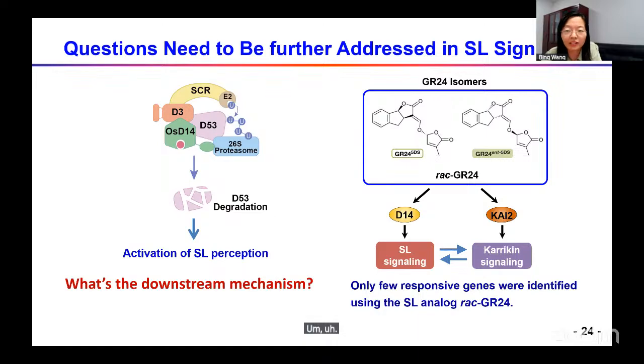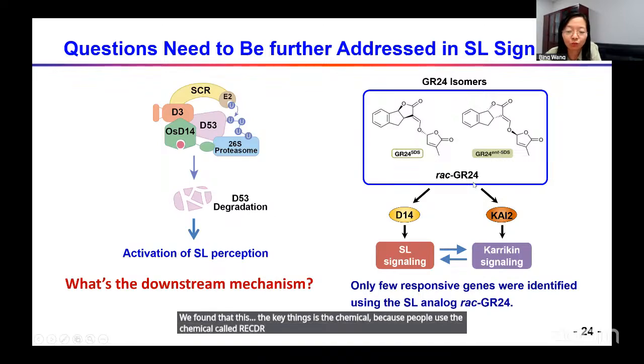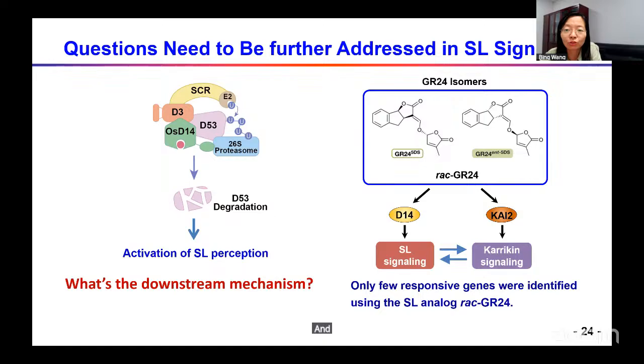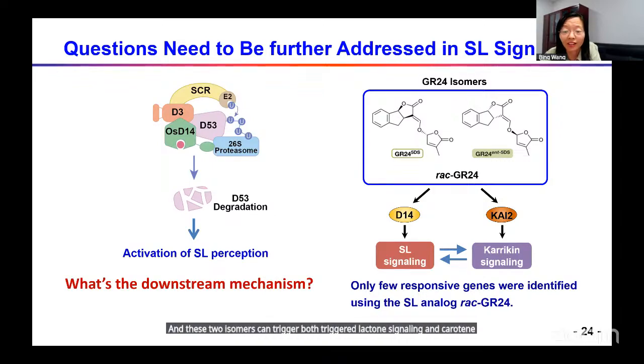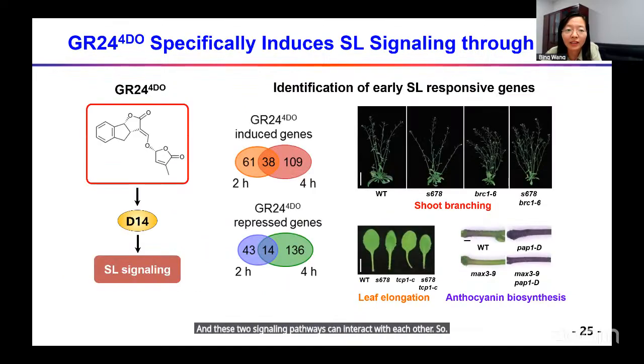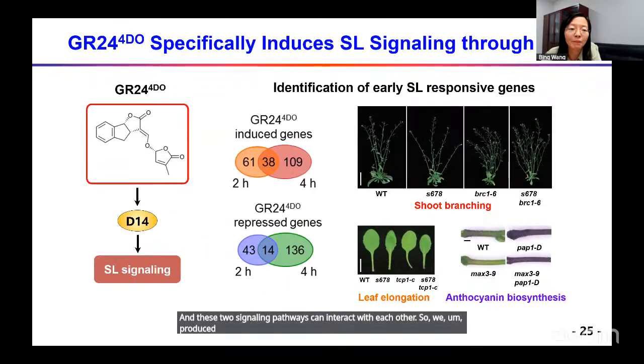We found that the key issue is the chemical, because people use the chemical called rac-GR24 to treat the plants, but this chemical is a mixture of two GR24 isomers, and these two isomers can trigger both strigolactone signaling and karrikin signaling, and these two signaling pathways can interact with each other. So we produced a new molecule called GR24ent-5DS.